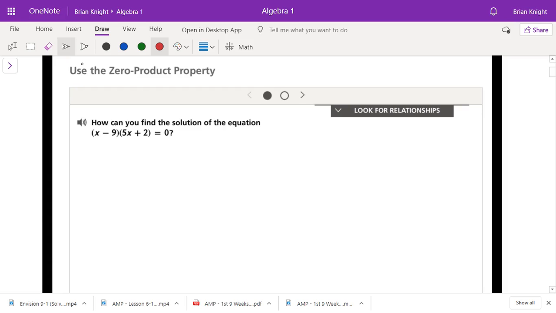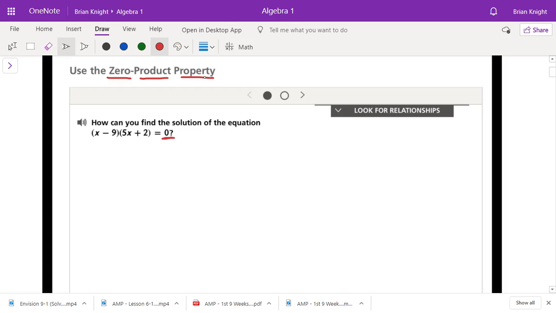No. So knowing that, when you're multiplying these two parentheses, and notice they equal what? Zero. So according to the zero product property, one of these parentheses must be what? Zero. Do you know which one's zero? No. Therefore, you have to assume both.